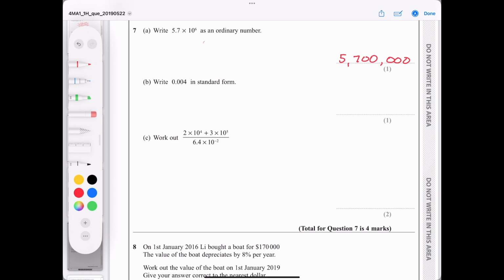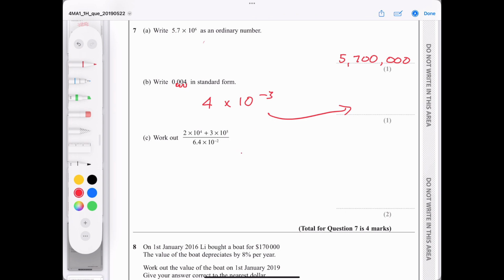Right, write 0.004 in standard form. So we're going 1, 2, 3 till we get to 4. So it's 4 times 10 to the negative 3. Okay, so this is a plus. I don't know if you could just put it into your calculator. Essentially, I'm going to just write out what it says.